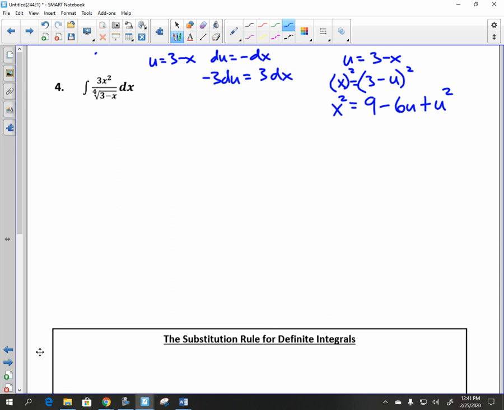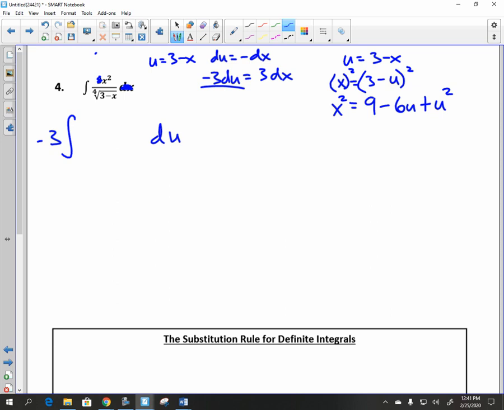I'm going to start with my negative 3 du. Negative 3 integral du. What do I get rid of? Yeah, I get to get rid of that and that. Now I'll get rid of my x squared.